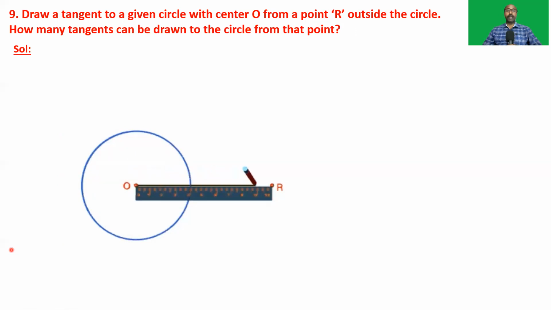So we are taking R outside the circle and joining R and O, and also drawing the perpendicular bisector to OR like this.